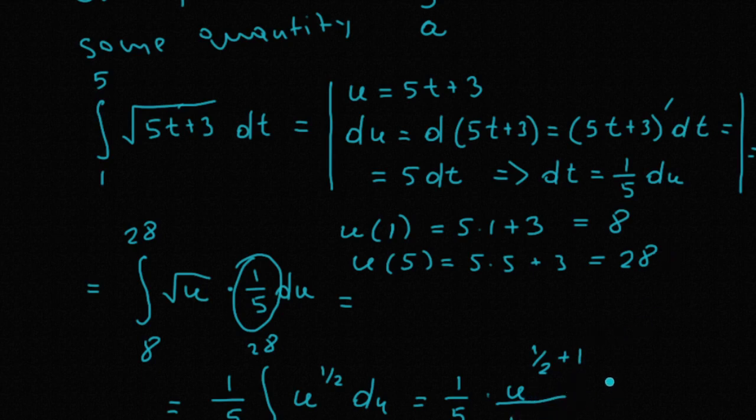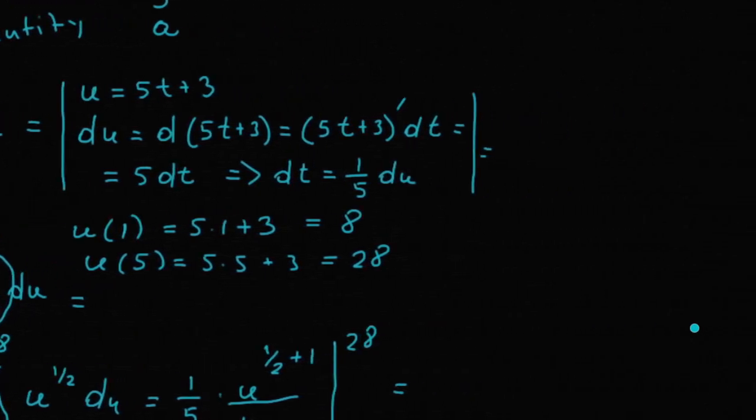I do not need to add the constant of integration here because this is a definite integral. We just need to find one antiderivative of the function that we're integrating. And then of course we need to plug in the limits of integration, 8 and 28, and then we will take the difference of those values.